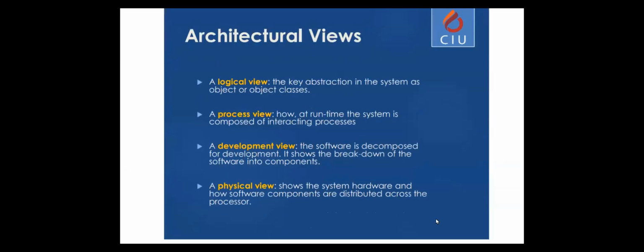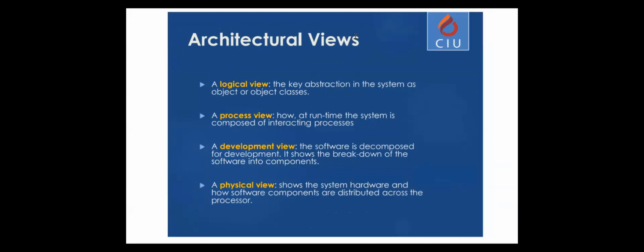The logical view is the abstraction of the system into objects and object classes. Probably this is the most important one, because this is where the components of the system will be represented as interfaces, objects. A process view is basically how the interactions will happen. So this is basically the core idea behind modeling.